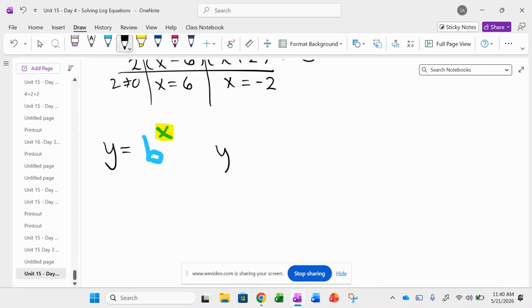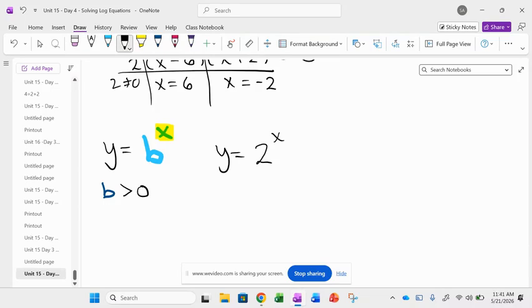So it would look something like y equals 2 to the x. And when you talked about this, there were certain criteria that had to be met. What was the criteria that had to be met? We had to know that b had to be greater than what number? Our base had to be greater than zero, exactly.